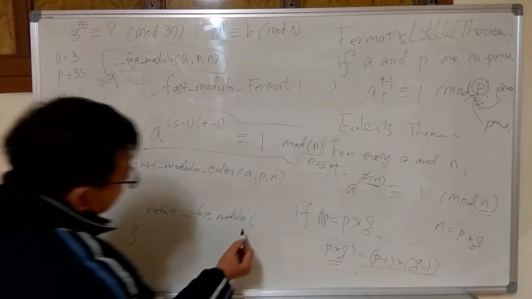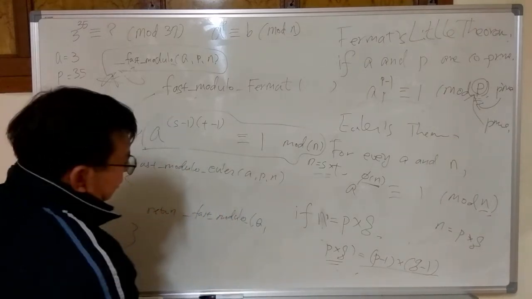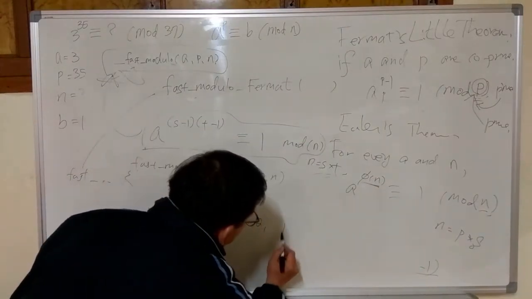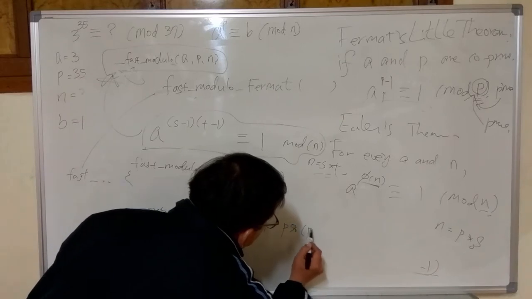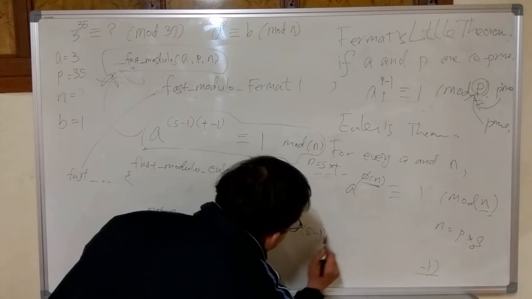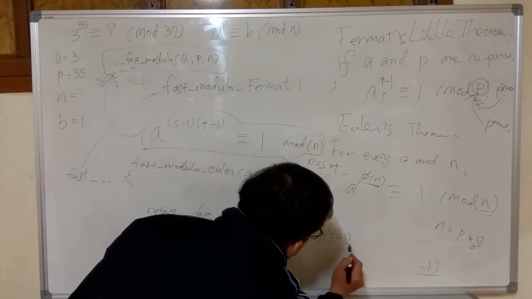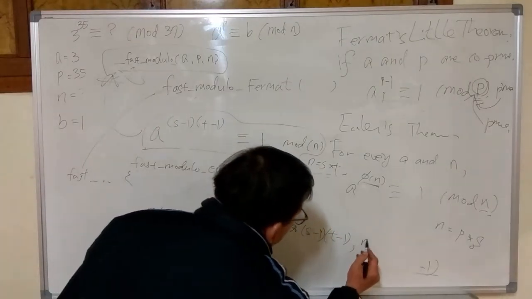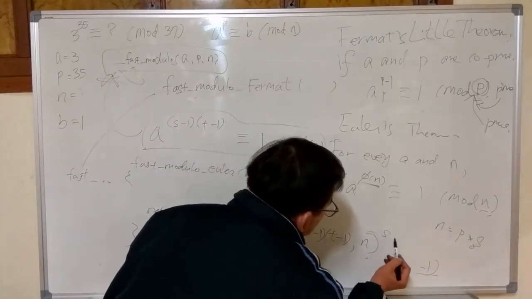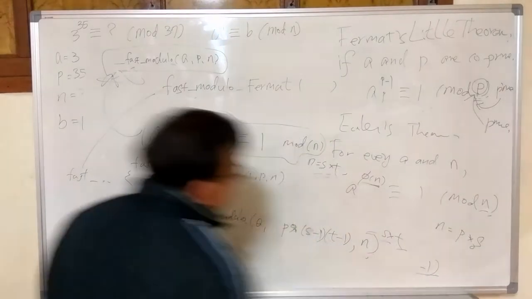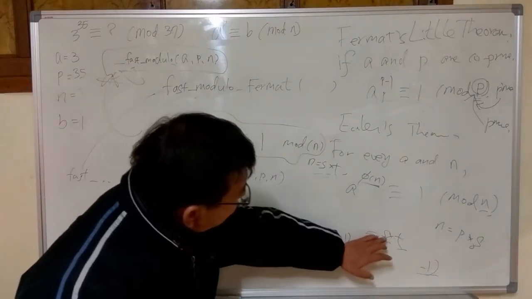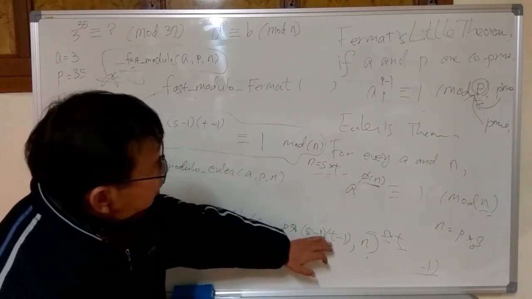Here, A is the same. And this part is very simple: P modulo (S minus 1)(T minus 1). Now this side is just N. Here N is S times T, and S and T are prime. Okay? Because only when S and T are prime does this hold.